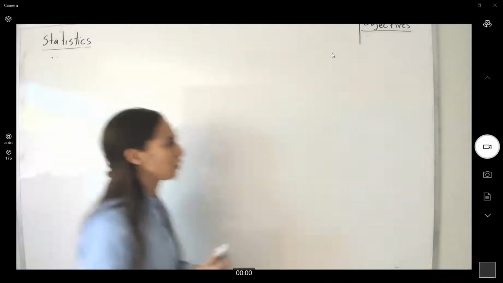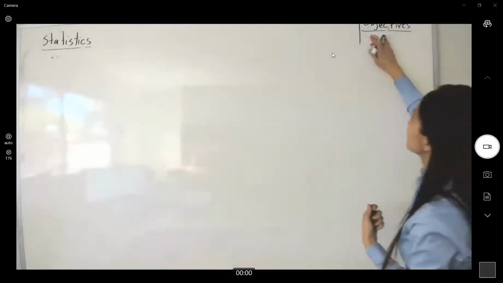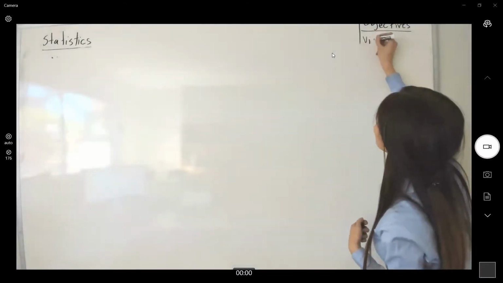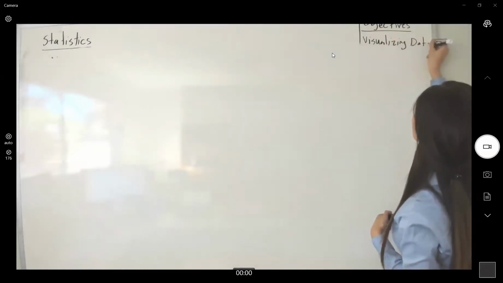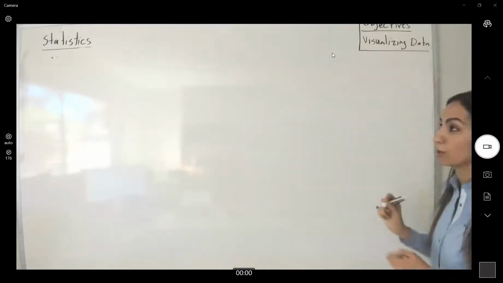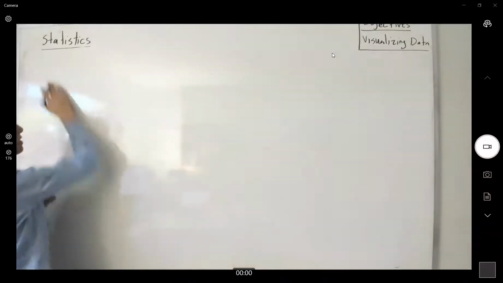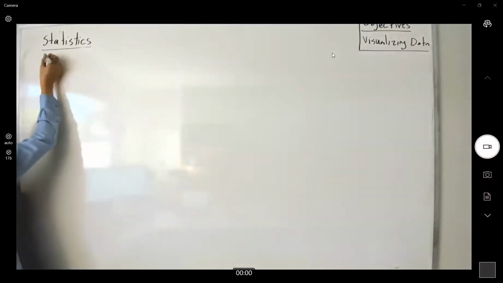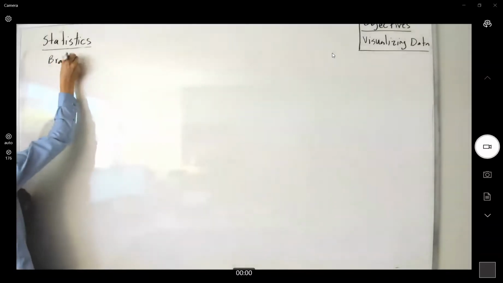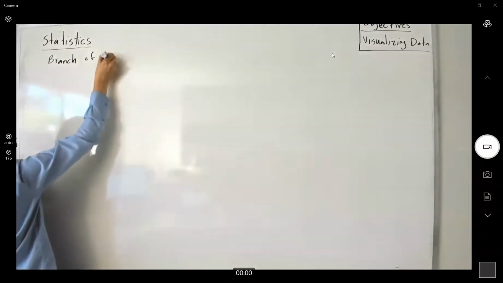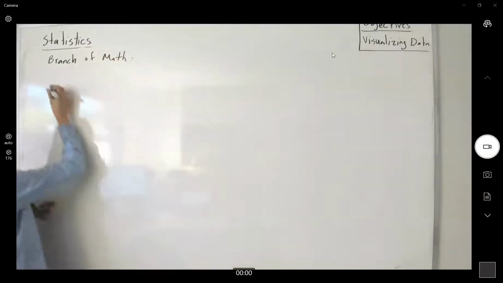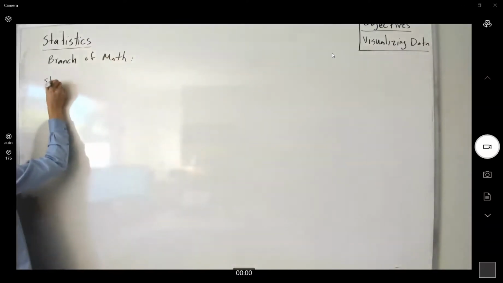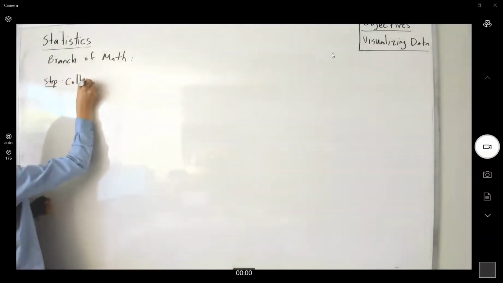So what we learned so far? We learned that we have statistics. What is statistics? It's a branch of math. We keep repeating this, and it involves some steps. The first step that we learned: collect data.